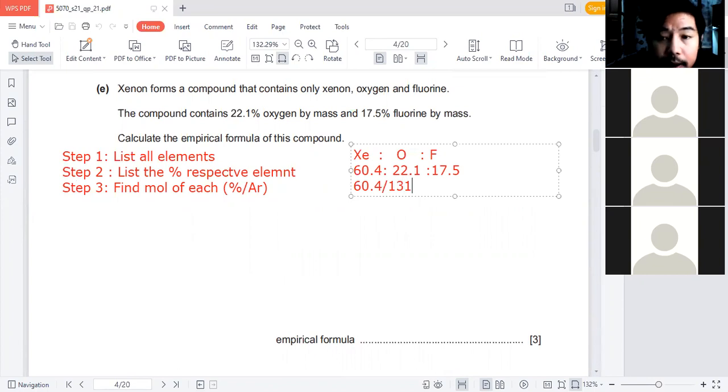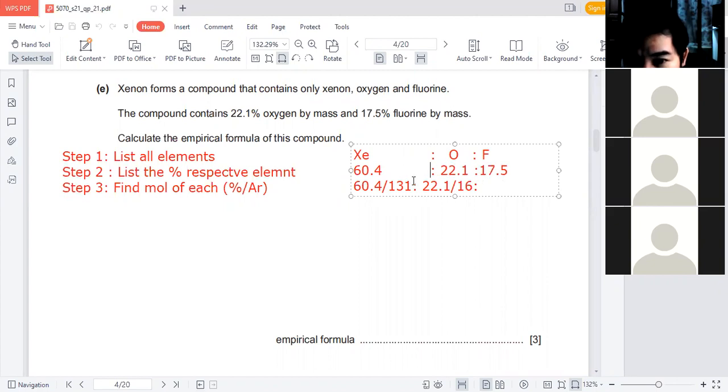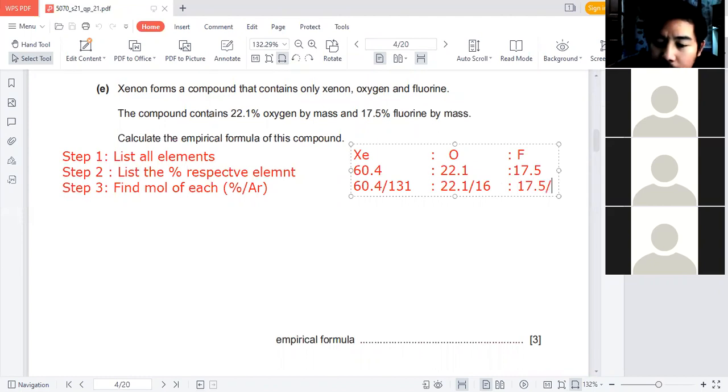Oxygen is how much? Children, it is 22.1 over 16. Then you have another one, fluorine. Fluorine is 19. So 17.5 divided by 19.